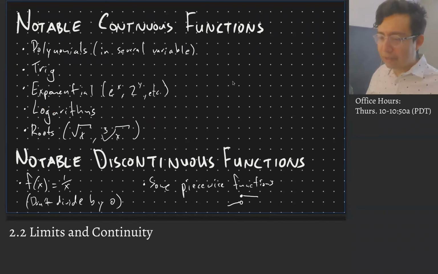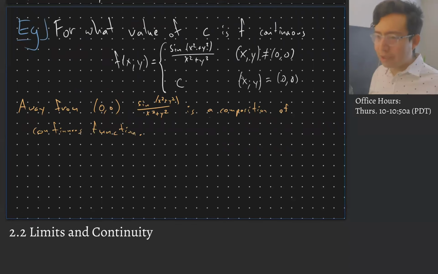Again, I guess maybe I could have included that: 1 over x away from 0 is continuous. Here, if we're away from 0, dividing by this number is totally continuous. So taking sine of this and dividing by all of this, it's still continuous.